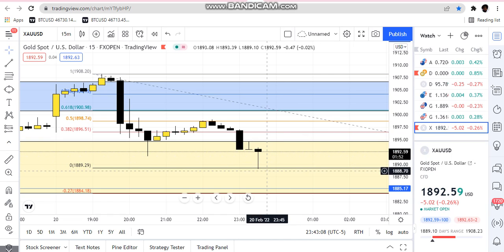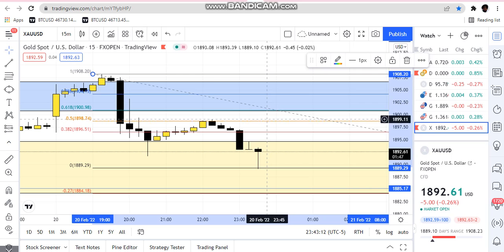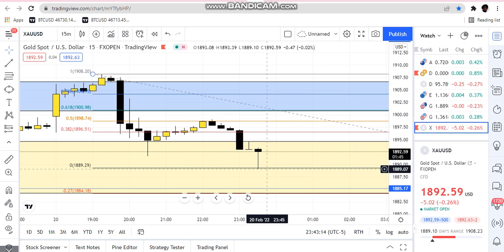Boom, when price got to 0, back to 1889 from 1898 to 1889, depending on your lot size, that could have been 20 grand, could have been a couple hundred, easily a couple thousand easily, from 1898 to 1889, and price is now pushing back up to 1892.